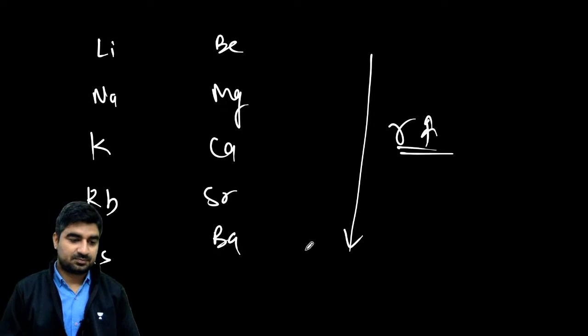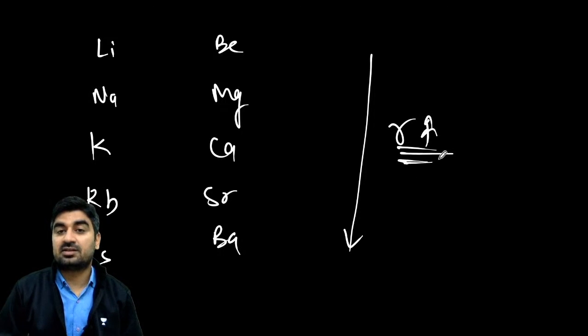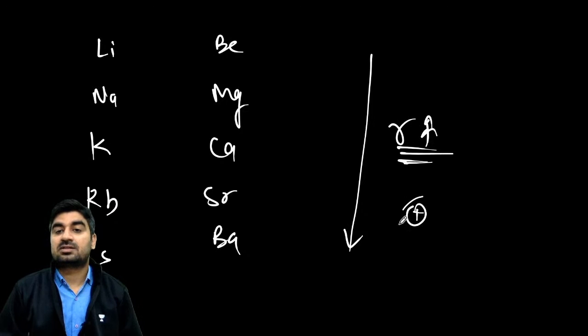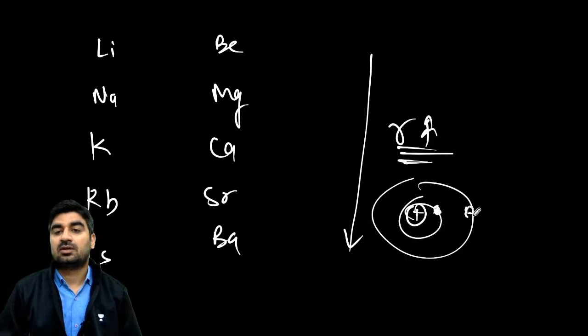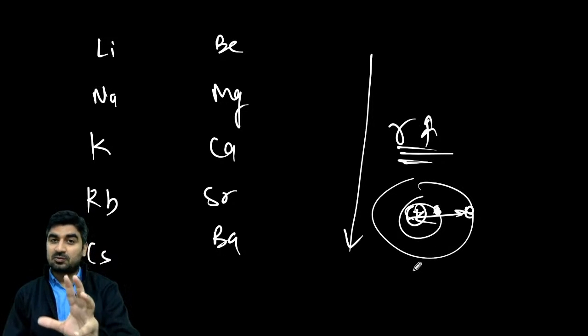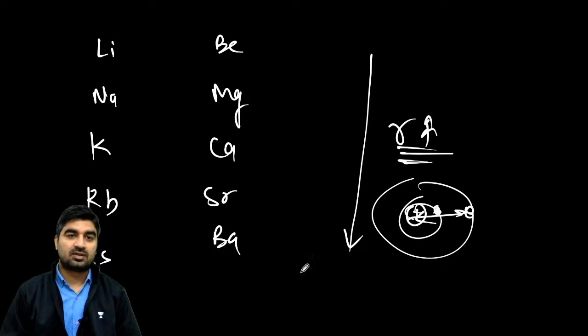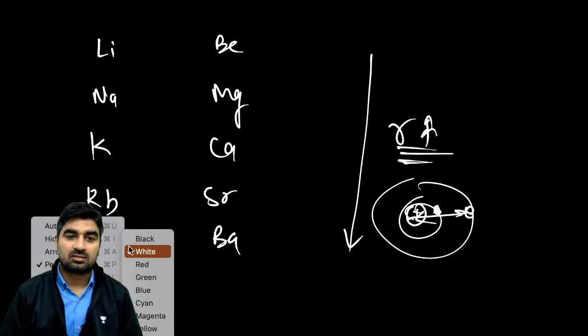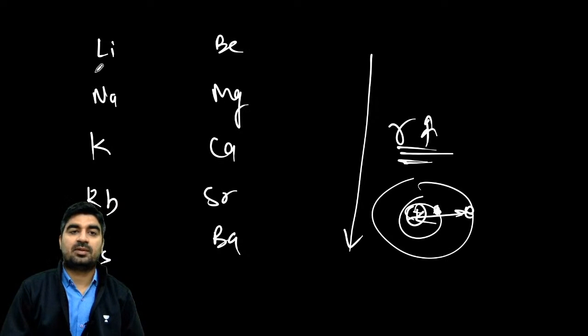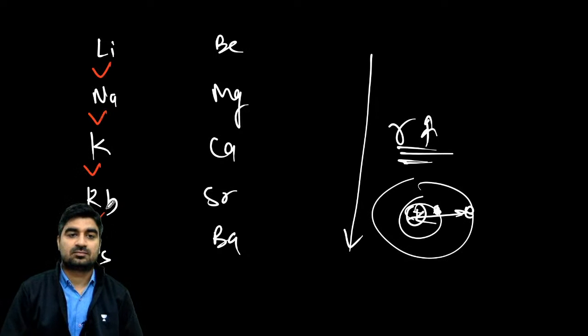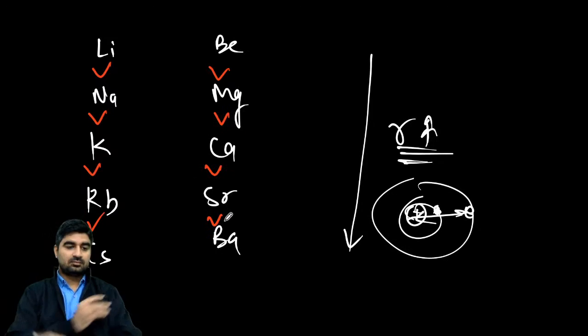Size increases, and if size increases, the distance from the nucleus increases, and then it becomes easy to remove an electron. So what will be the order here? The order will be this. Got it?